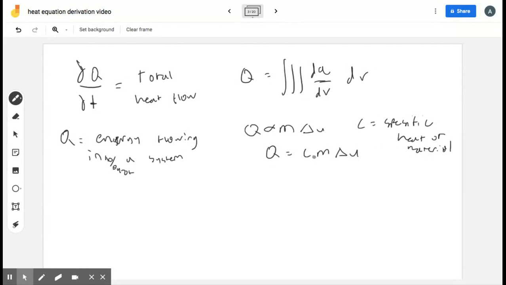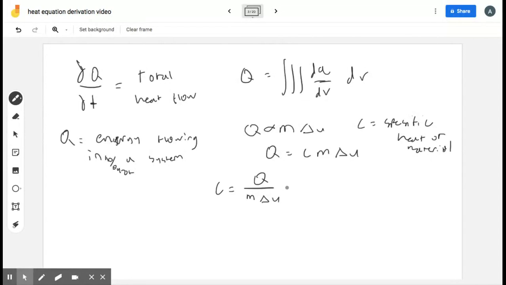So what can we define specific heat as? What are the units for it? Well, by definition, it's the proportionality between energy and temperature. And so if we solve for C, we get that C is equal to Q divided by mass times change in temperature.